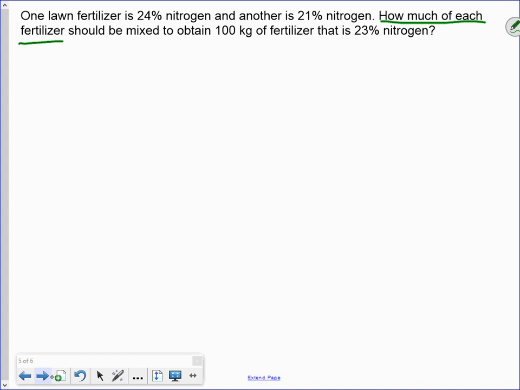So our variables are going to be the amount of each type of fertilizer. So what are the two types of fertilizer that we have? We have one that is 24% nitrogen and one that is 21% nitrogen. Okay. So how much of each fertilizer?